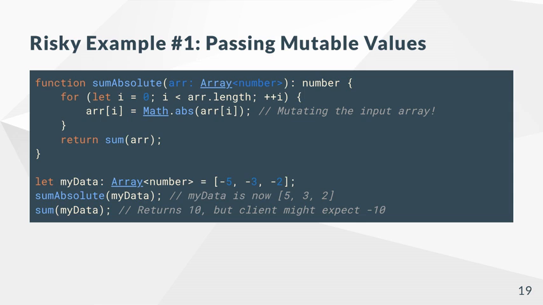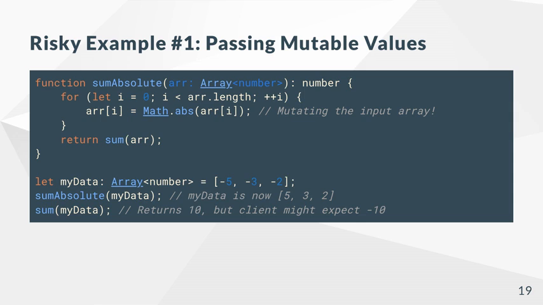Consider a diagram of a function, sumAbsolute(array), which is designed to sum the absolute values of numbers in an array. To be efficient and avoid creating a new array, an implementer might mutate the input array directly using the Math.abs function in a computer's memory.